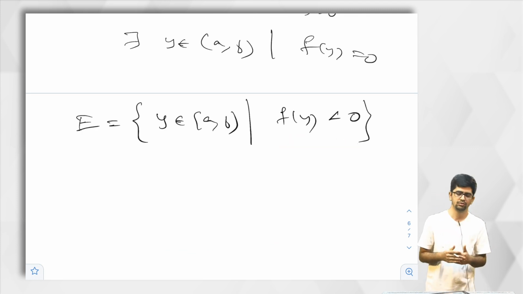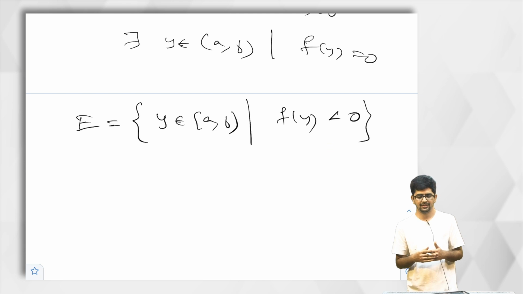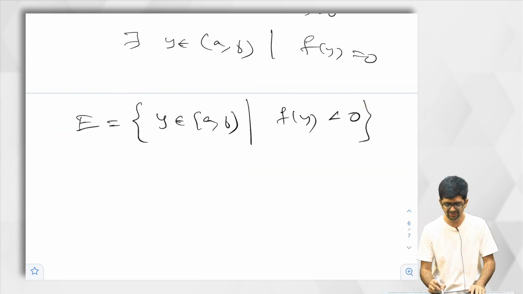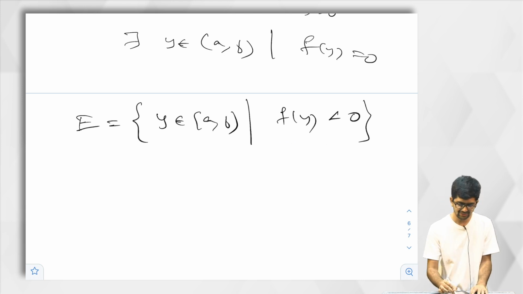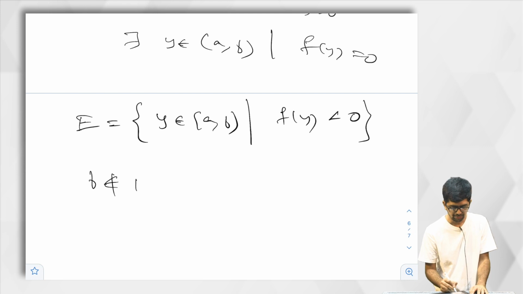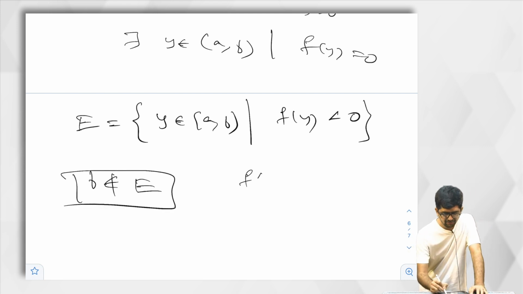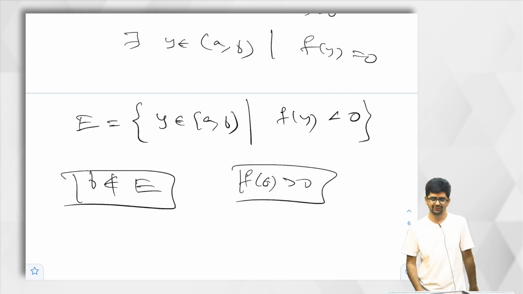This is what we want to study. We want to see how far we can reach. This does not have b, that is for sure. b is not an element of E, that is for sure, because f of b is positive and f of b is not equal to 0.